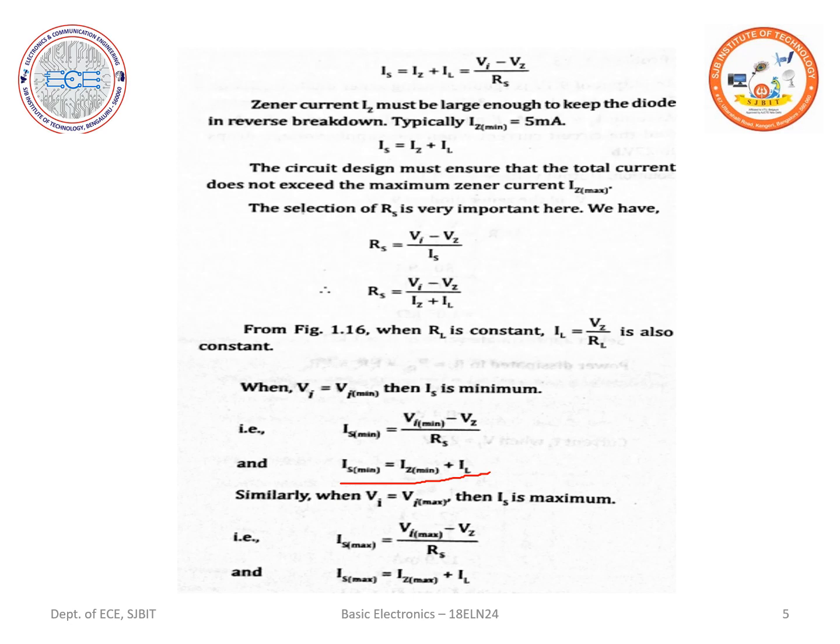Similarly, whenever we are calculating the maximum, whenever we give the maximum input voltage, then Is max is equal to (Vi max minus Vz) by Rs, and Is max is equal to Iz max plus IL.